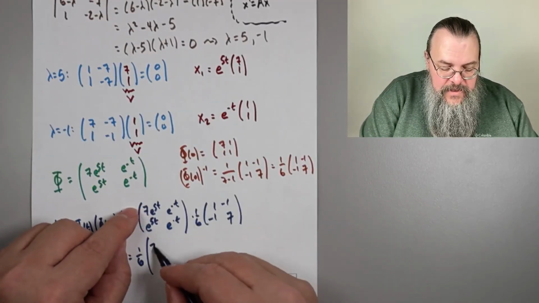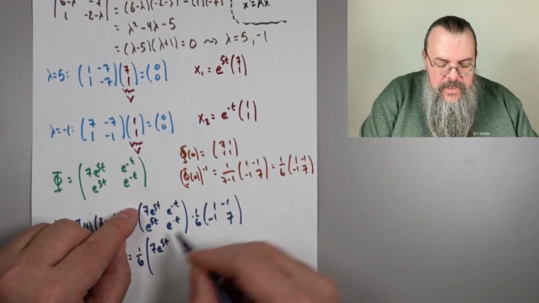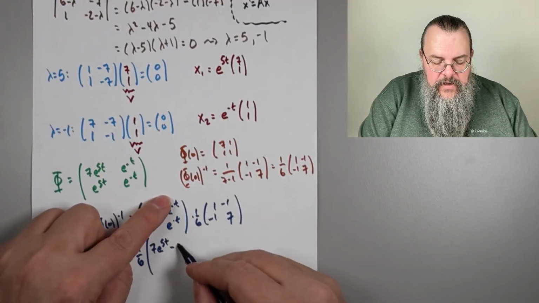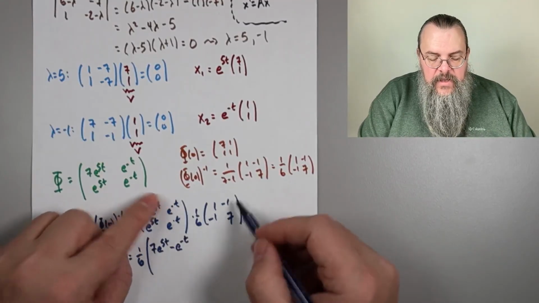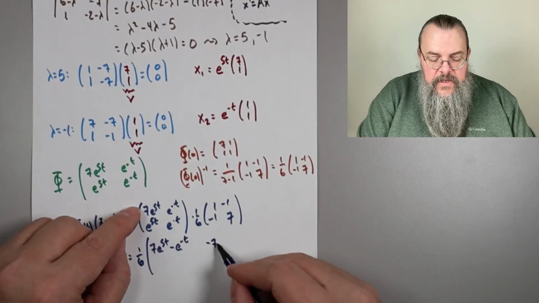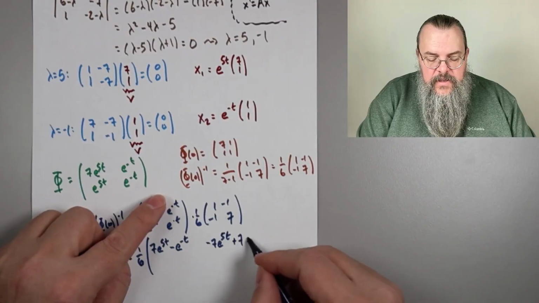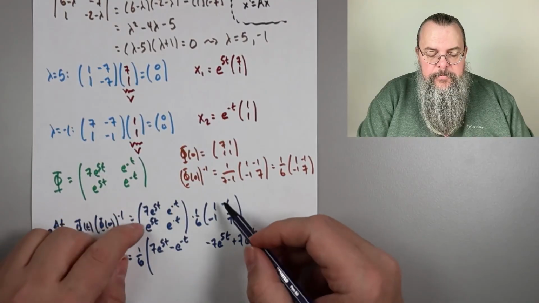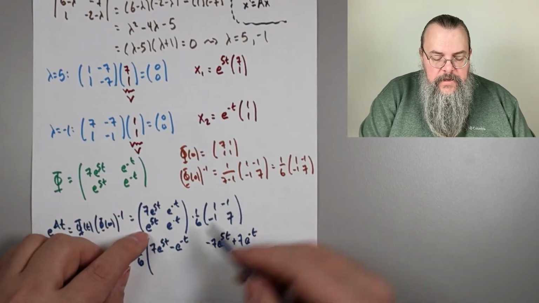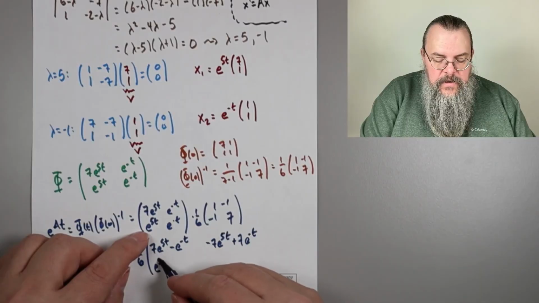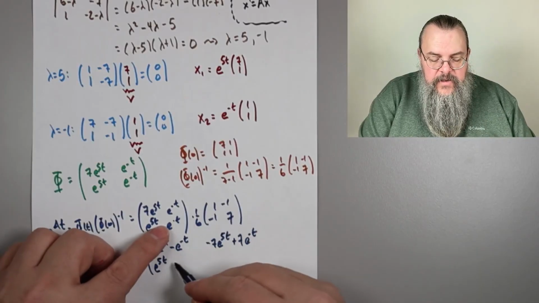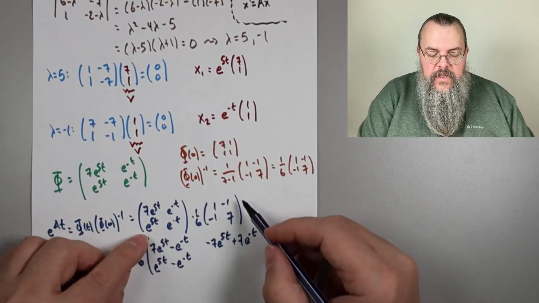So 7 e to the 5t, subtract e to the minus t, minus 7 e to the 5t, plus 7 e to the minus t. Now e to the 5t, subtract e to the minus t.